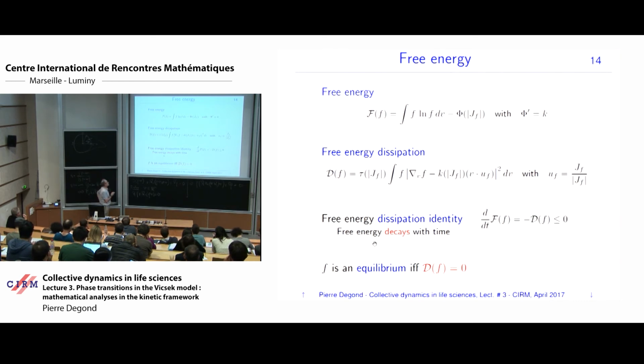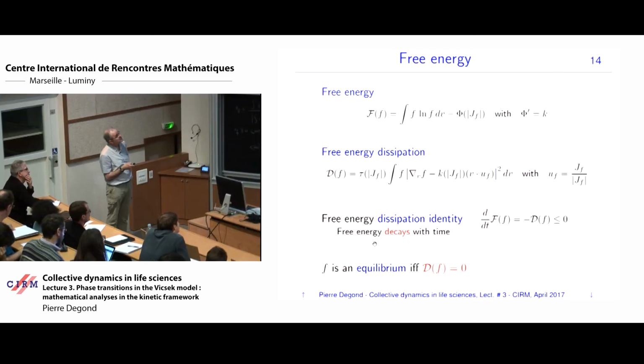So whatever I'm going to say now is going to go down the drain in the spatially non-homogeneous case, right? So this free energy is essentially the entropy minus the primitive of the function k of the norm of the current J. If you compute the d dt of F, you find this is minus the free energy dissipation, which is non-negative.